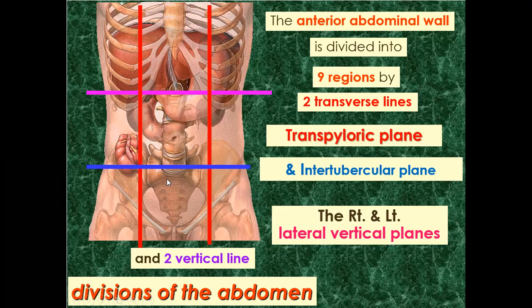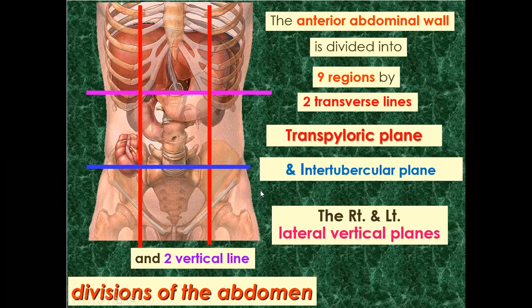So these are the 2 vertical planes on either side. So there are 2 horizontal planes, the transpyloric and the intertubercular plane, and then 2 vertical planes, the right and left lateral vertical planes. Now this is divided into 9 quadrants: 1, 2, 3, 4, 5, 6, 7, 8, 9.